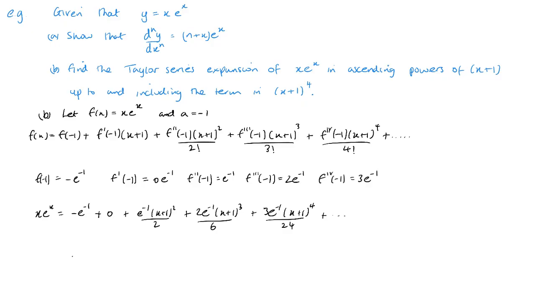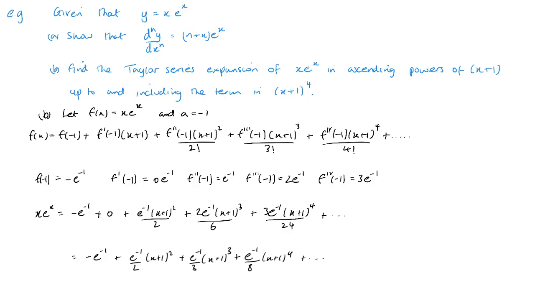And now we've just got to simplify it. So minus e to the minus 1 plus e to the minus 1 over 2 times x plus 1 squared plus e to the minus 1 over 3 times x plus 1 cubed plus e to the minus 1 over 8 times x plus 1 to the power 4.